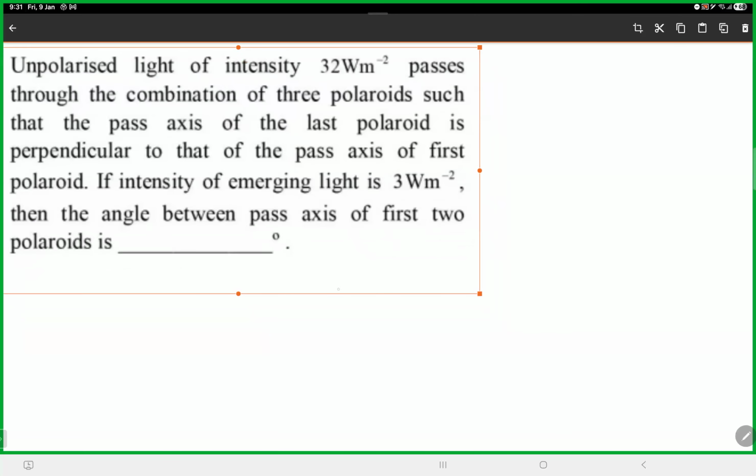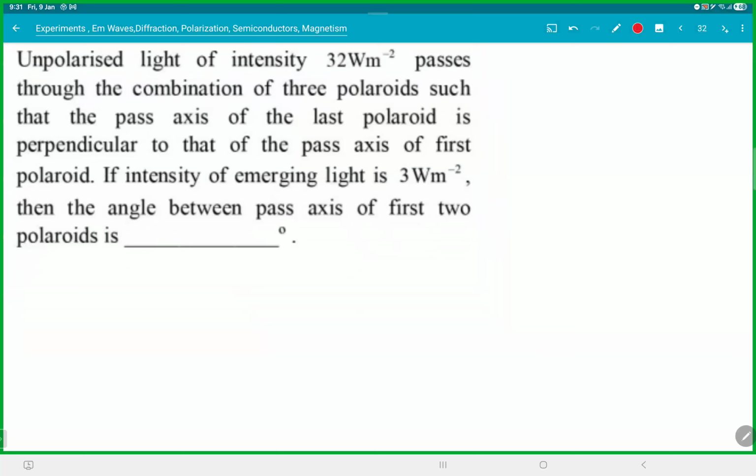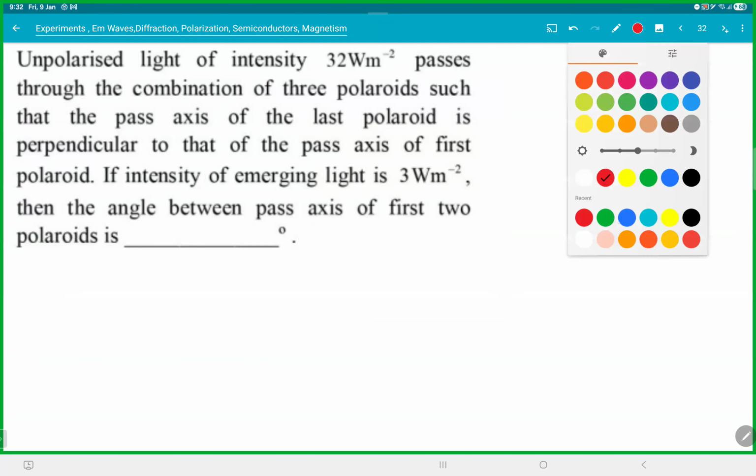Easy one. Get this polarization again. So there are three polarizers.